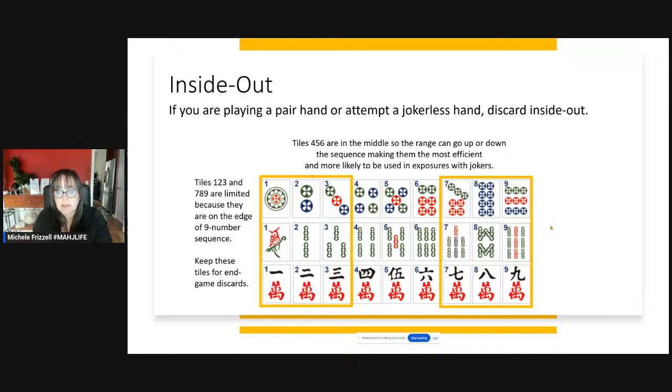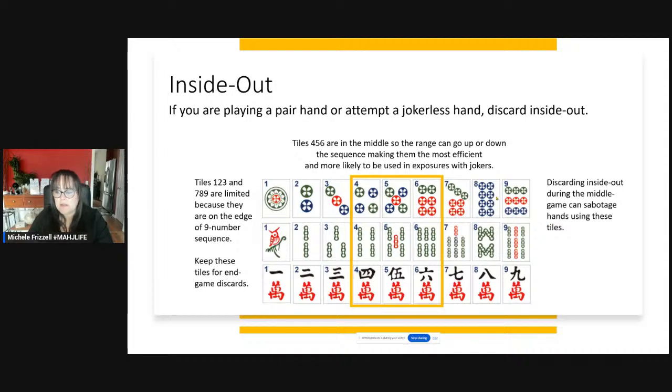Again, it's going to depend on what is out. So if you draw 1 dot and there's 1 out, versus if you draw, let's say, a 5 and there's 1 out, a 1 is going to be less risky than a 5 because of that efficiency. So think about the edge tiles. They're typically the safest for the end game.